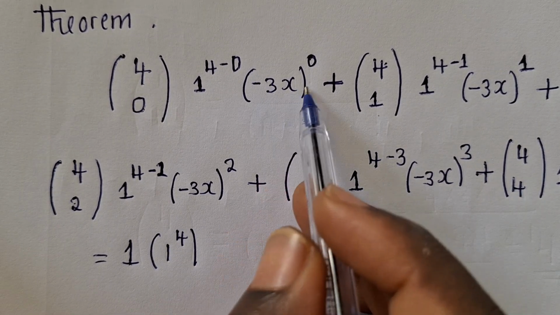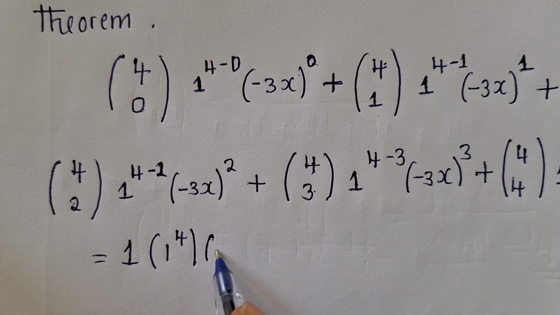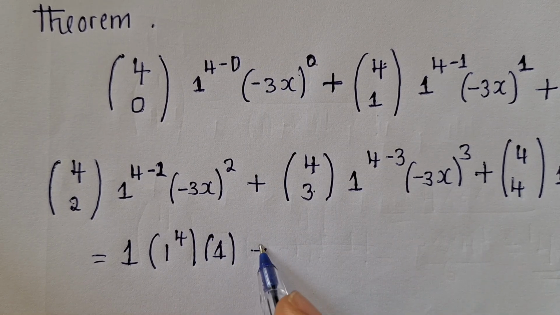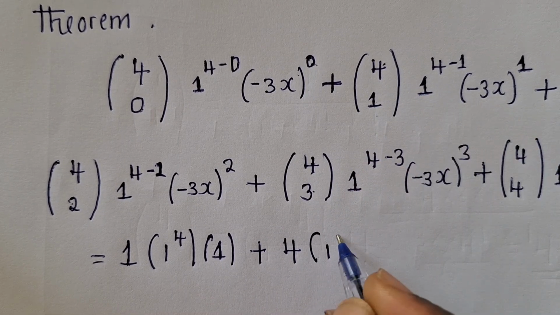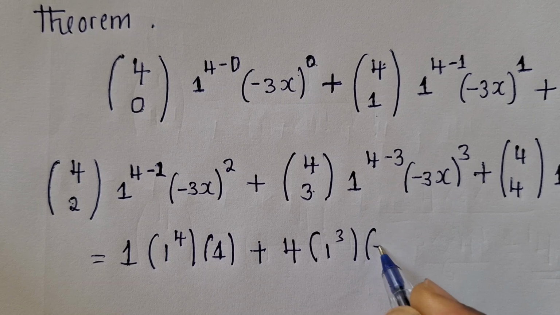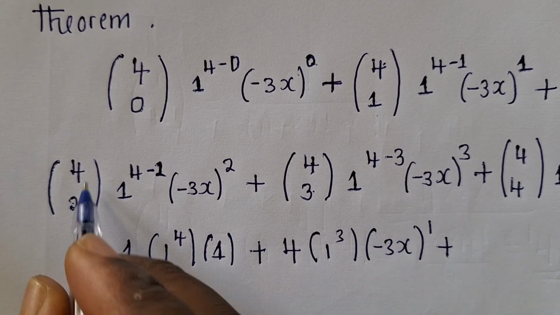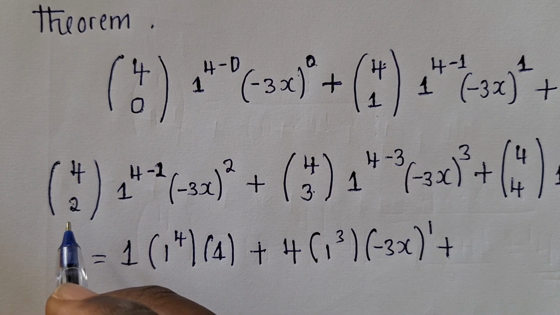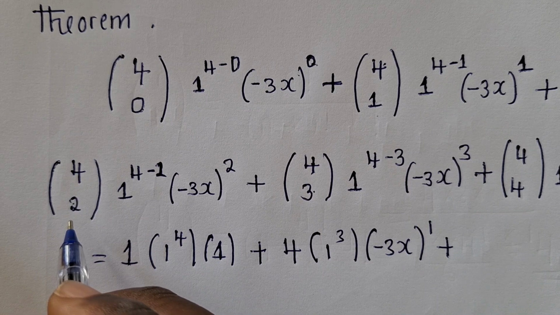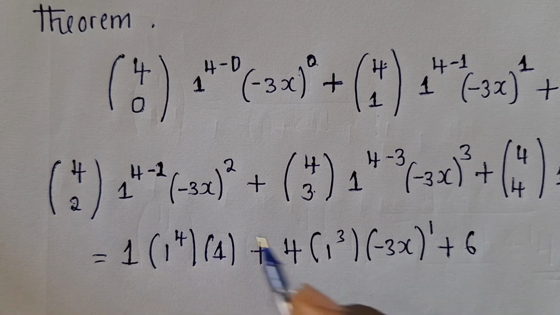This one, since it's inside the brackets, to the power 0, will just give us a 1. Plus here it will be 4 multiplied by 1 power 3, plus for this one, when we say 4 choose 2, it will give us a 6.